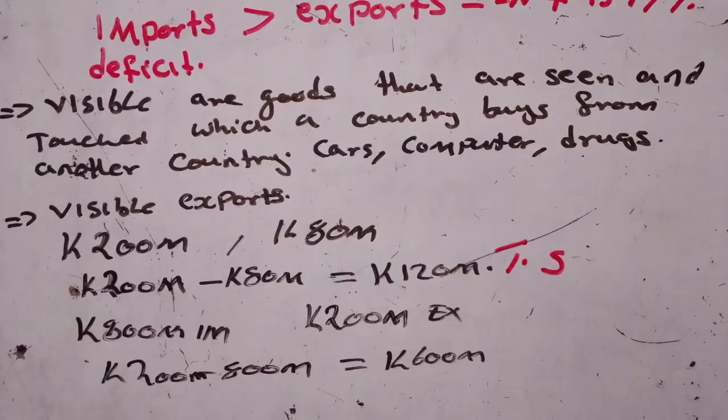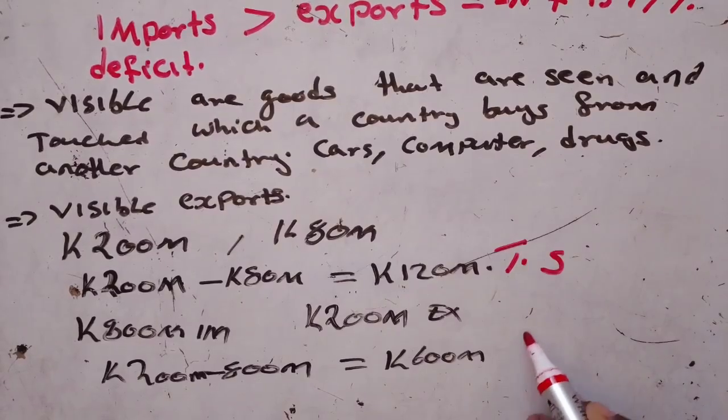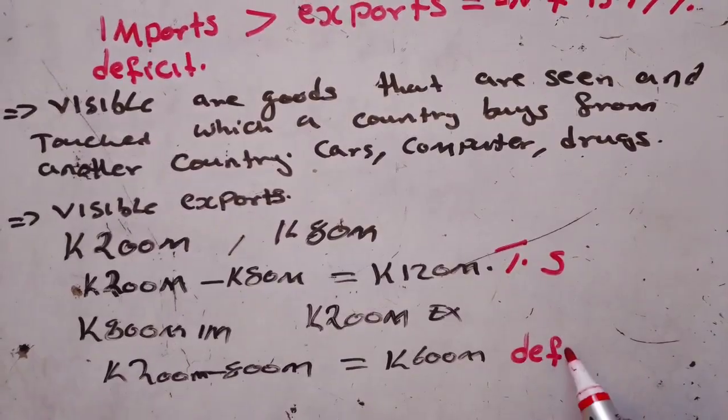This will be in negative form because the bigger number has a negative sign. Since this is money, a negative sign is not important and is ignored. The negative figure, 600 million, will be regarded as a deficit. So we talked about deficit on the unfavorable balance of trade. This is called deficit.